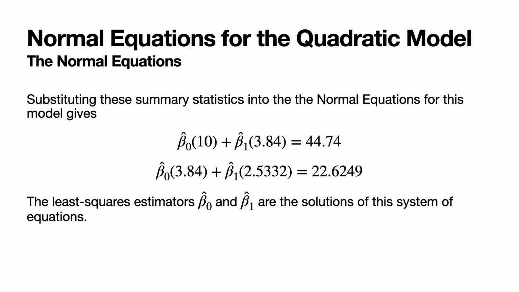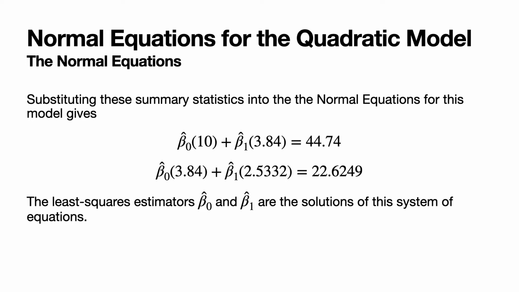Substituting these summary statistics into the normal equations for this model gives the following system of equations. So the first equation is beta 0 hat times 10 plus beta 1 hat times 3.84, and that sum must be equal to 44.74.